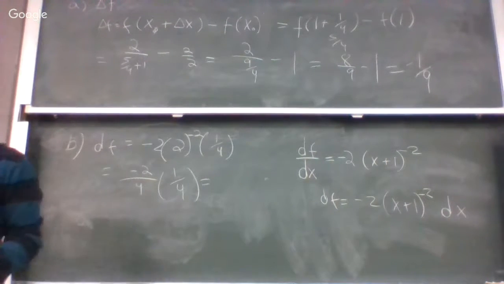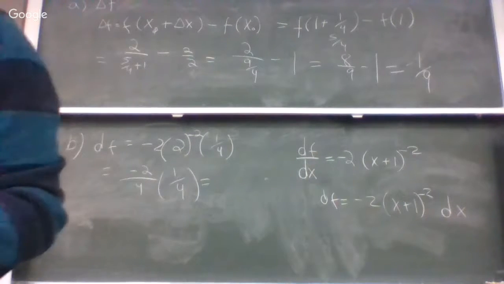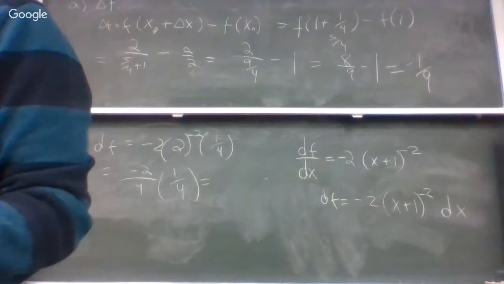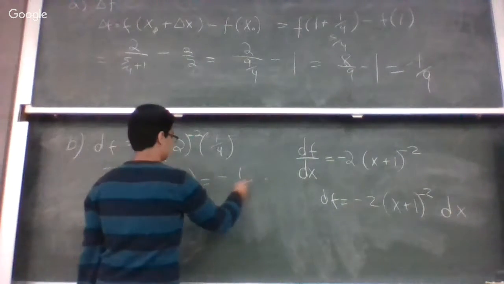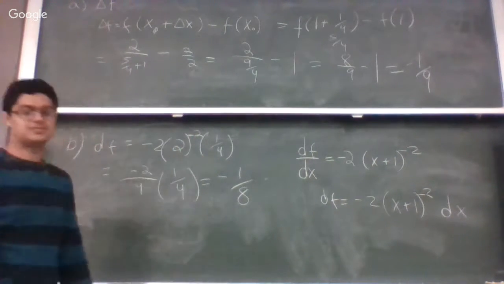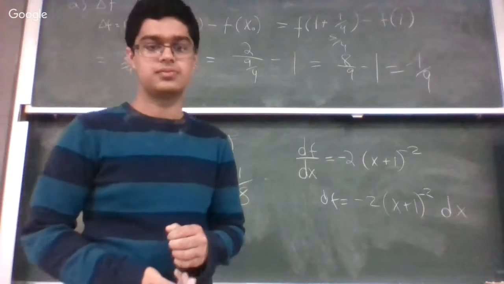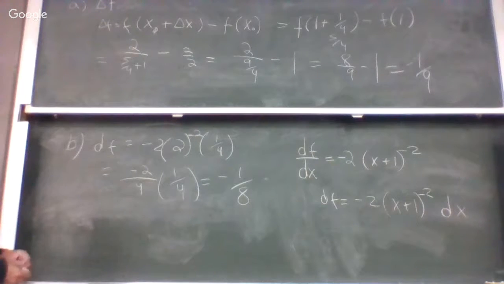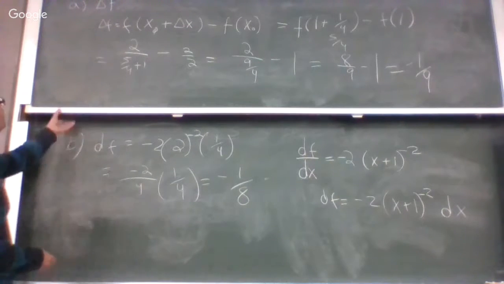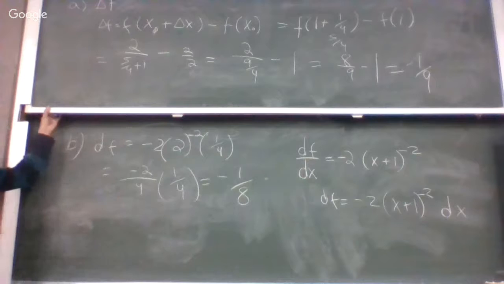Let's call on Sarah. Yes, Sarah. Negative what? 1. Oh, did you plug in 1 for x because that's x naught? Yeah. And then all right up here. Are you guys good with this? Yeah.